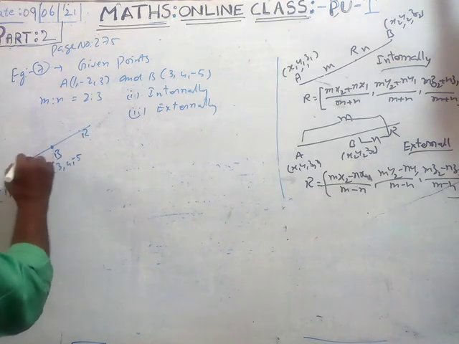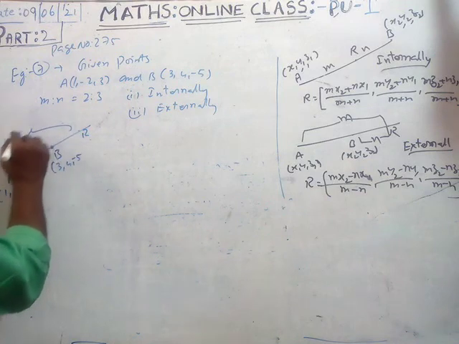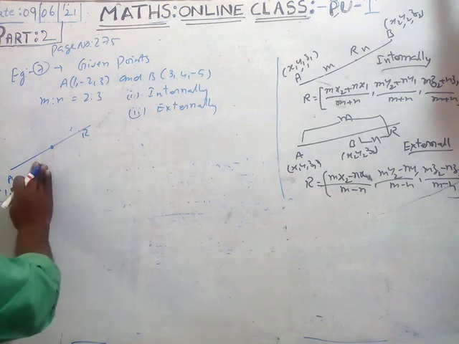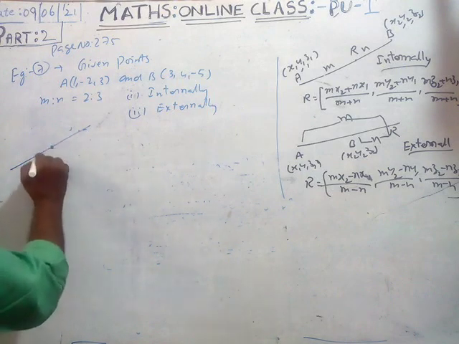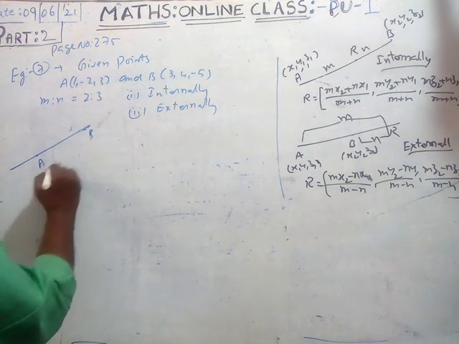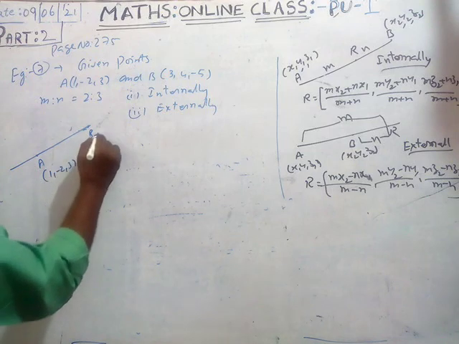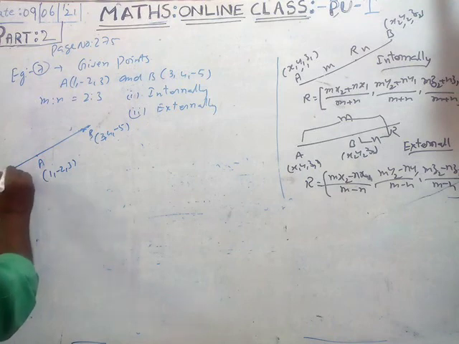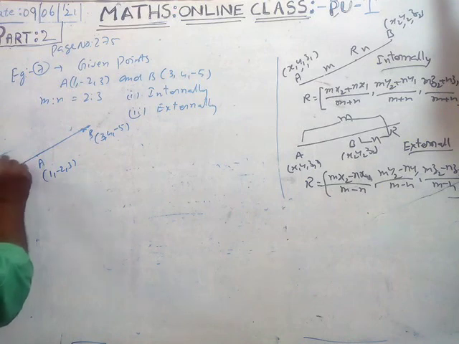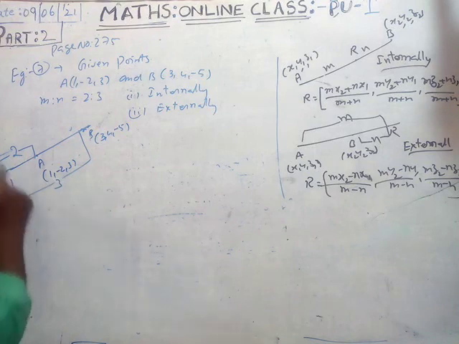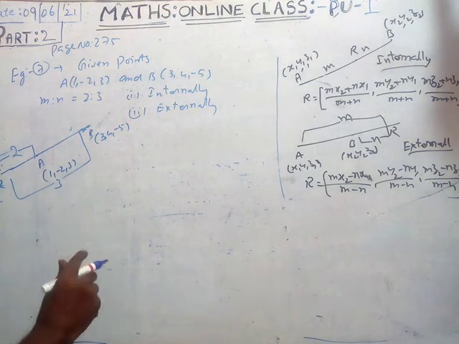But R is on this side. This is R. This distance is 2 units, but this distance is 3 units, in the ratio 2:3. What does it mean? This side or that side?